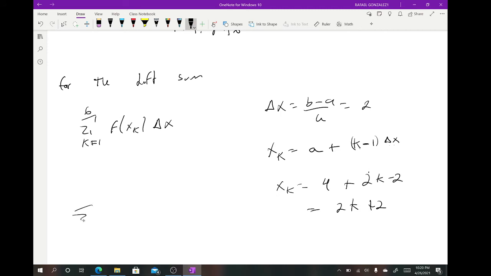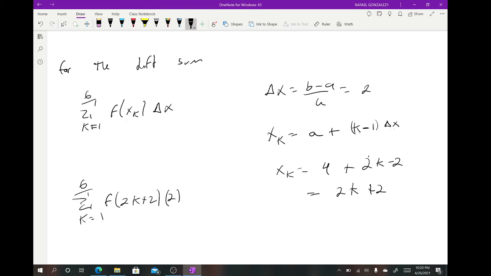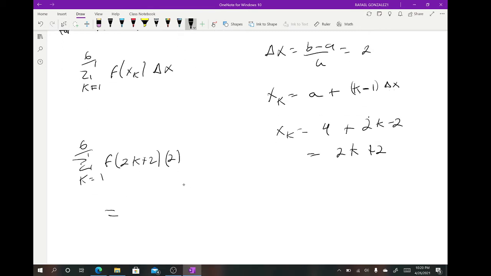So writing out the left sum, it's not that difficult anymore because I now have a definition. I just have to apply it. So this is f of 2k plus 2 times 2. That's the sum. Now all you have to do is plug into your sum. Because this is a constant, you could leave it on the outside and multiply by all of the heights that are going to follow.